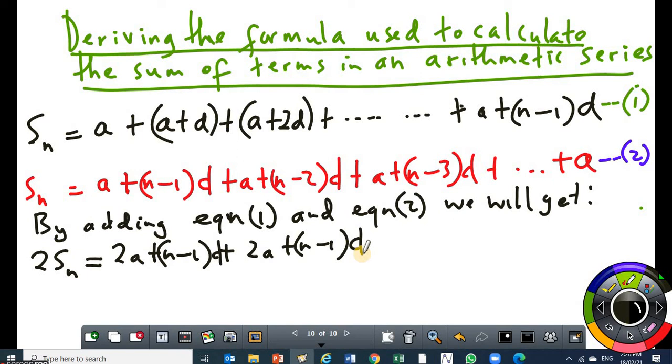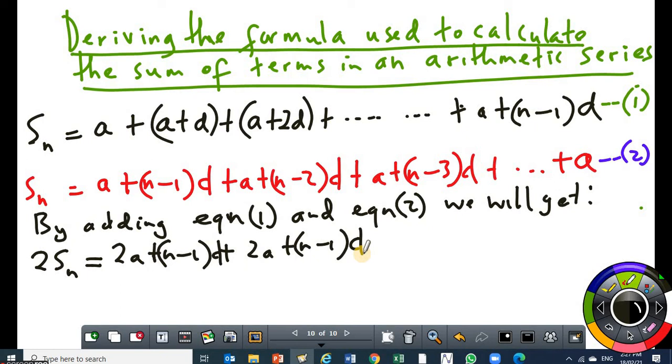Then we remove brackets: plus d plus nd minus 2d. We have 2a, and d minus 2d gives you minus d, so you end up having plus nd minus d. And then you have a common factor d, so we take out that d, and you get that.